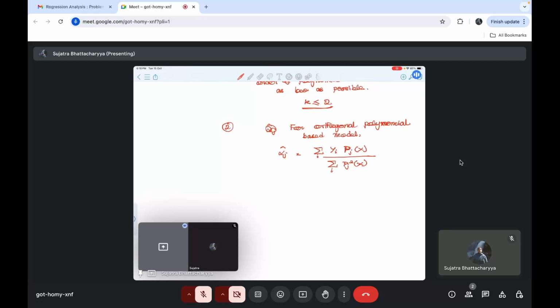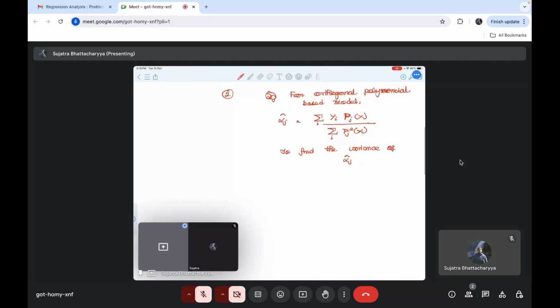Now we need to find the variance of alpha j hat. So we need to take the variance of this particular quantity I have written here. Let me write it step by step: the summation of y_i p_j(x_i) divided by the summation of p_j squared of x_i.